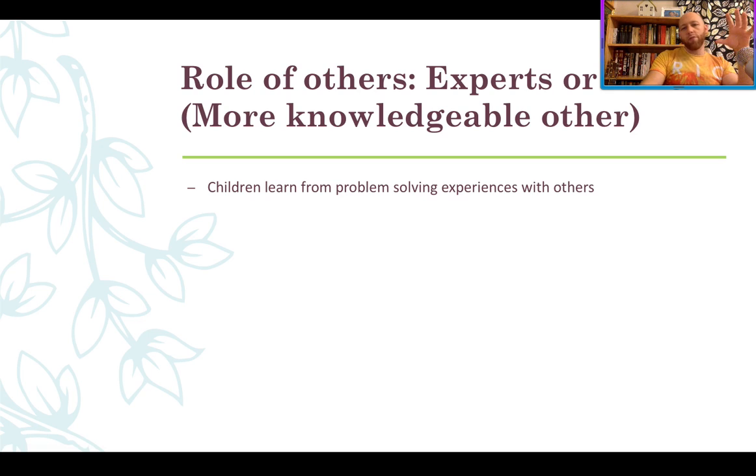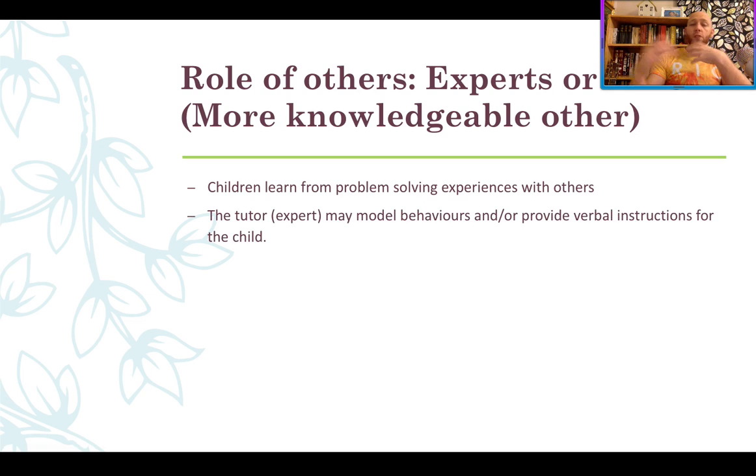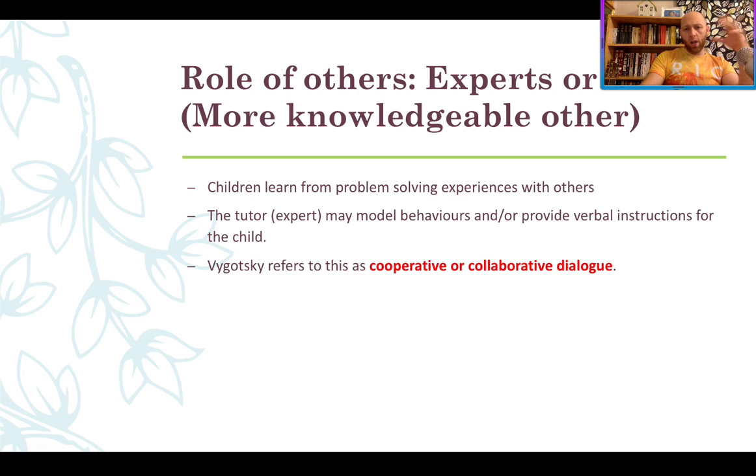So children learn from problem-solving experiences with others. The tutor in any given situation may model behaviour or provide strategies and instructions for the child, and Vygotsky calls this collaborative dialogue. Anyone with greater knowledge can be considered an expert, and that includes the child's own peers.